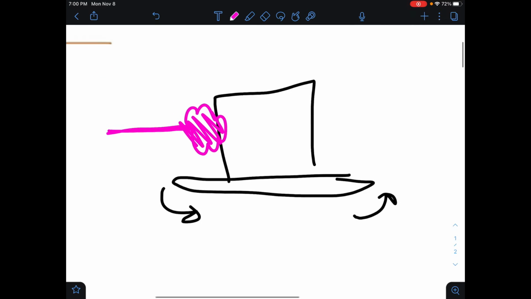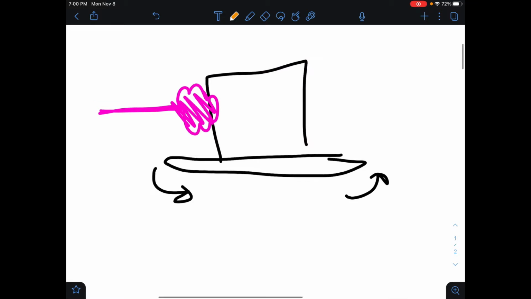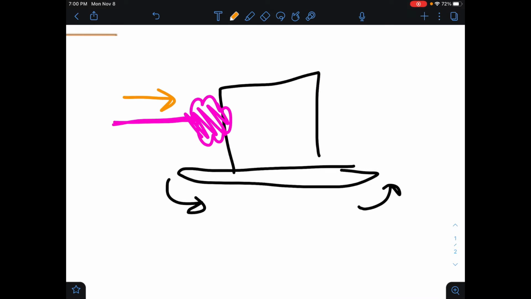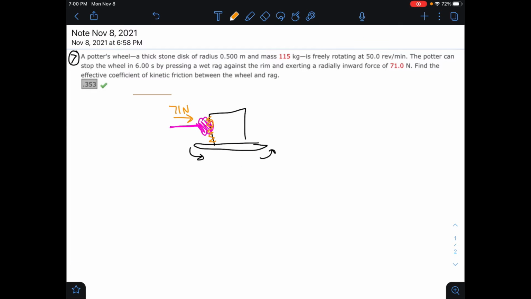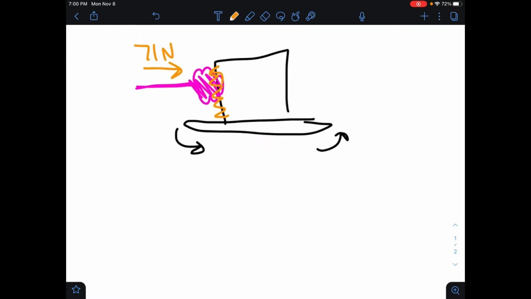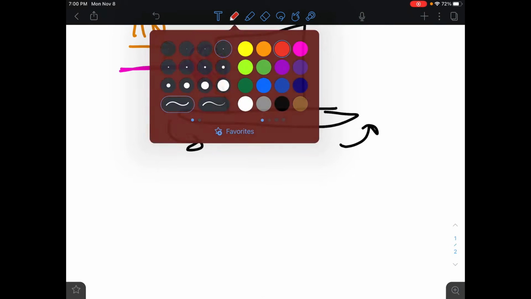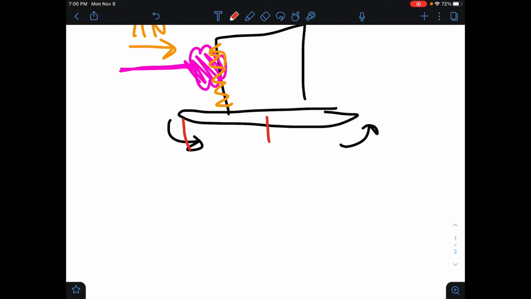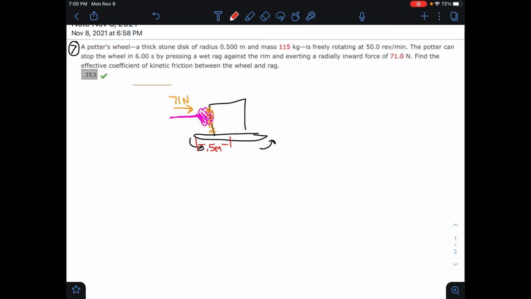So it's spinning and it's applying a force this way against the side here. This is 71 newtons. The radius is 0.5 meters. Rotating 50 revolutions per minute.